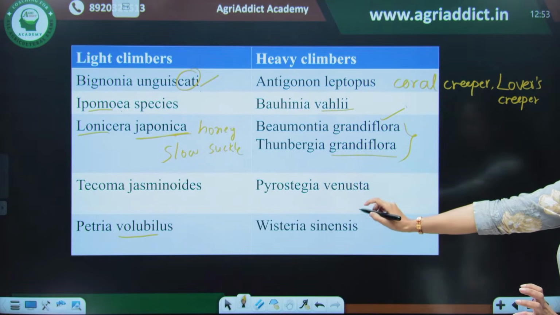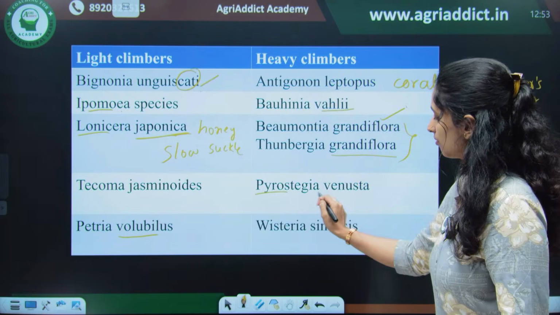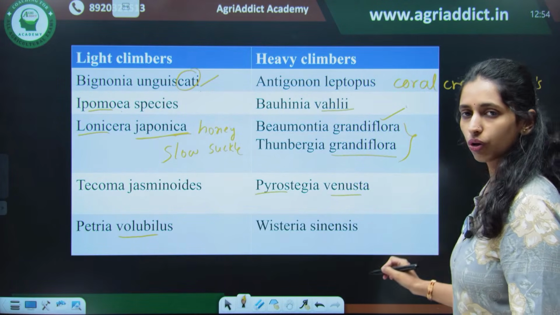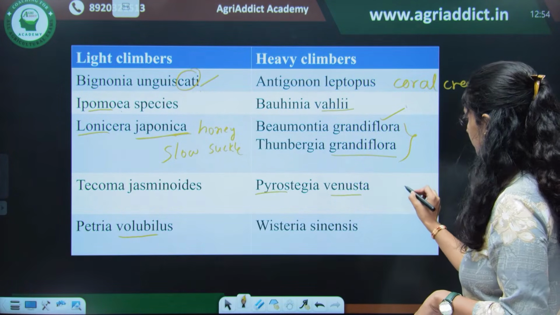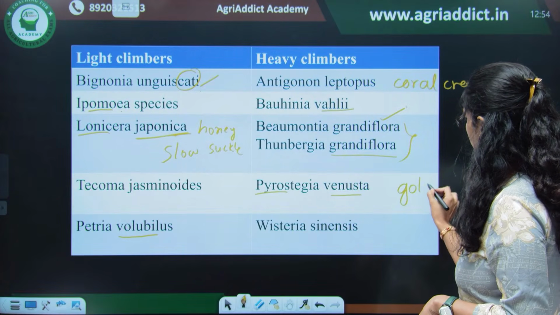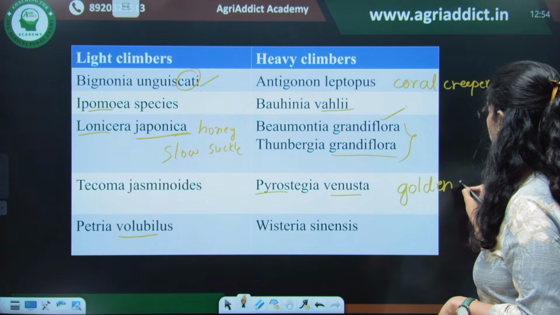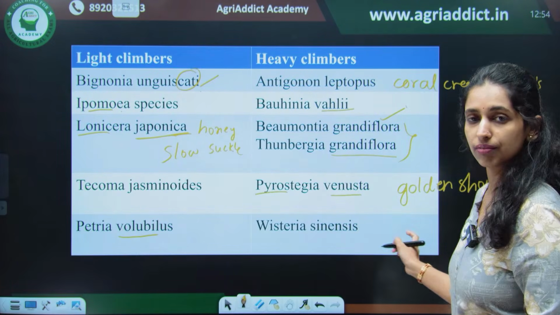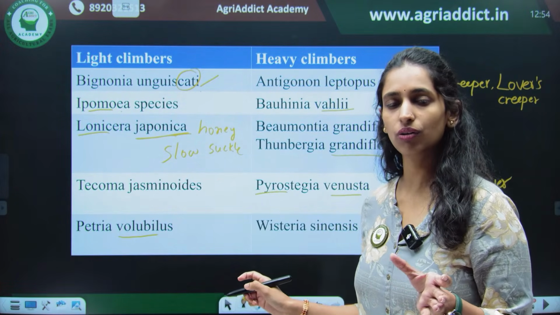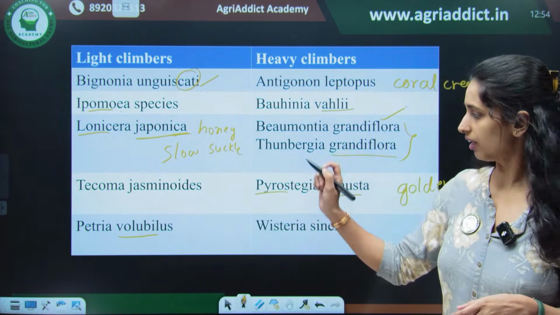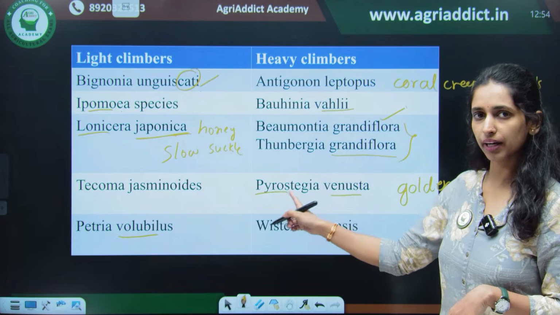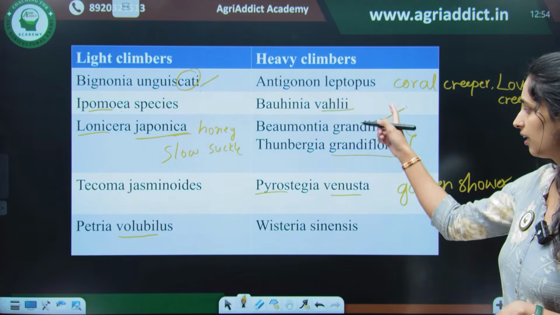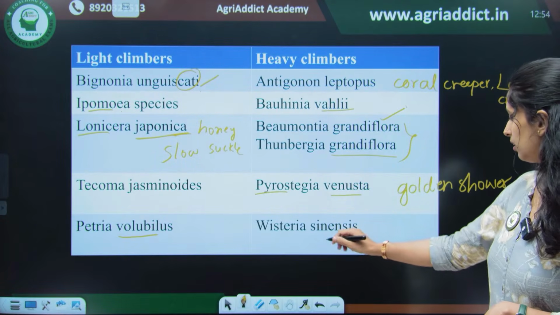And Pyrostegia venusta, it is also called golden shower. Okay, golden shower. Tree में से Cassia fistula को golden shower बोला जाता है. And in creepers, Pyrostegia venusta is called the golden shower.